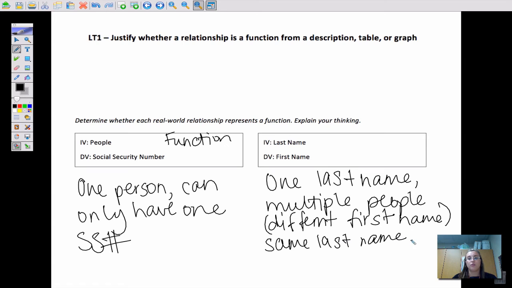Okay? So for example, my last name is Atwood, and me and my sister and my mom and my dad and some of my cousins and aunts and uncles, we all have the same last name. So the same last name is associated with many different first names, and that's why this is not a function.